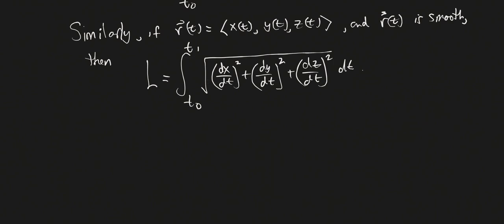So let's take a look at what this is saying. It's kind of interesting when you look at this, what this formula requires. I see a square root, I see quantities being squared, and I see a sum. That to me looks like when you're computing a certain magnitude.